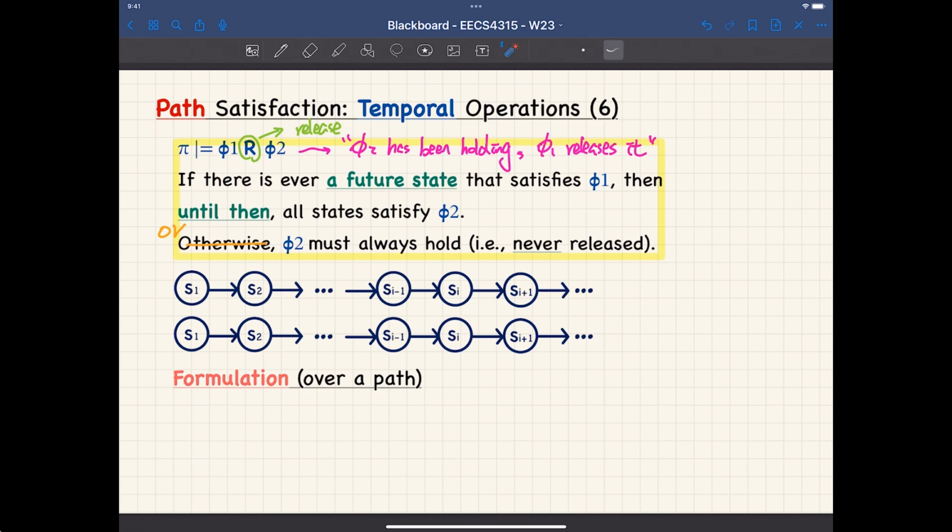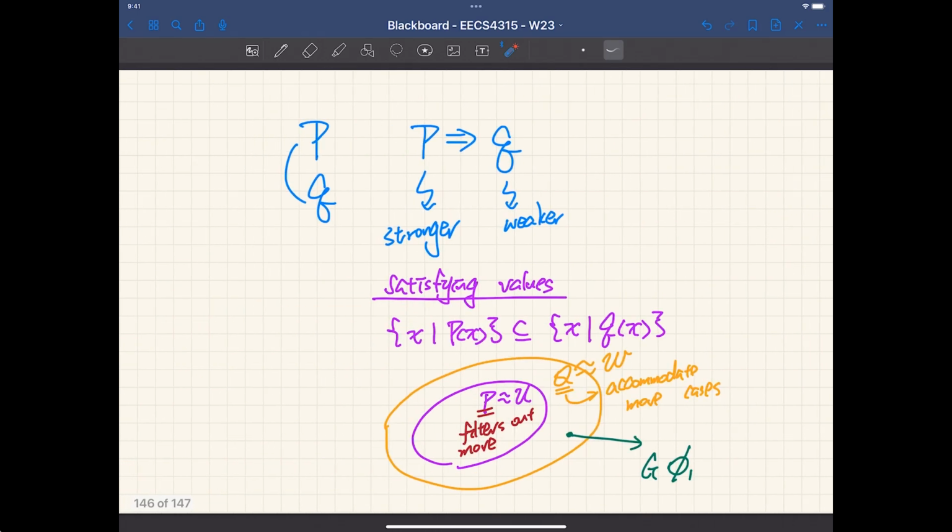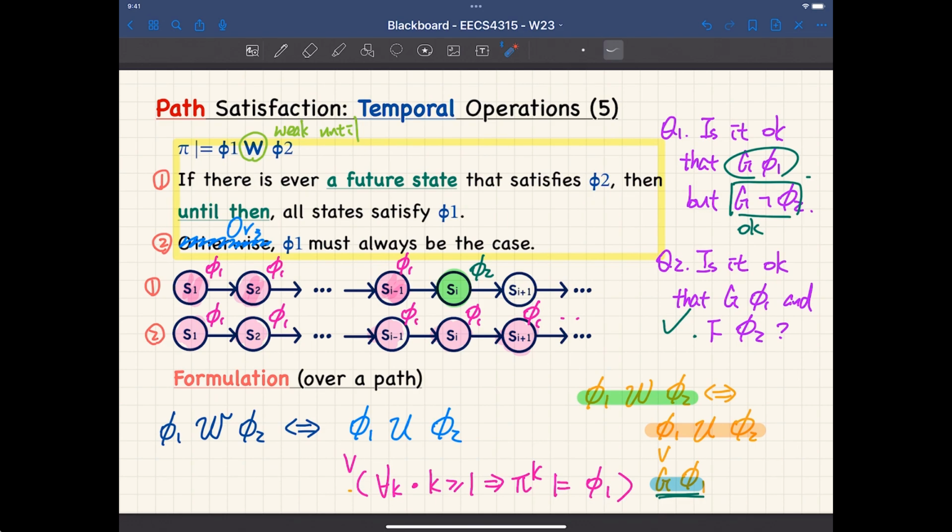Let's see some visual, but maybe I'll take a question first. Go ahead. I would say they're kind of very similar, but try not to think about their formal relation. It's actually rather complicated. Think of it this way: this one says phi 1 should be true until phi 2 is true, informally.